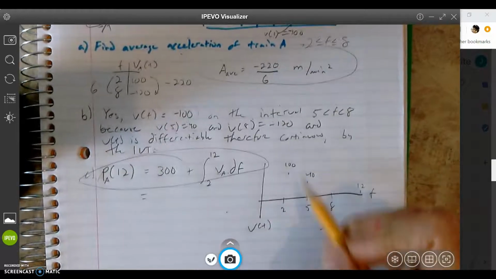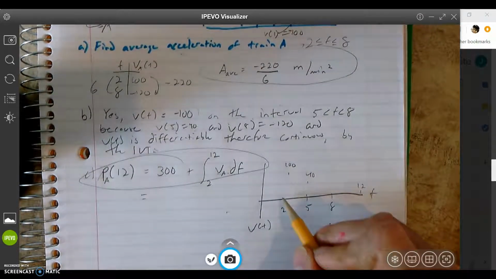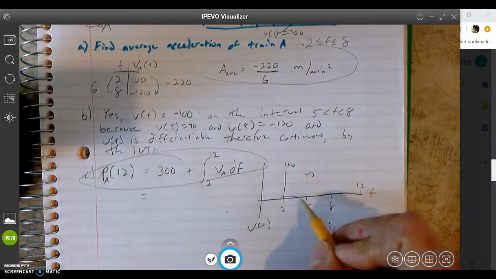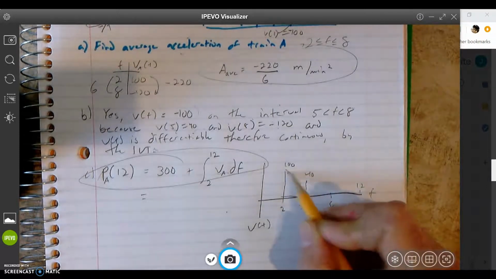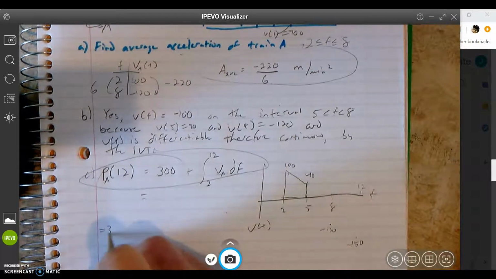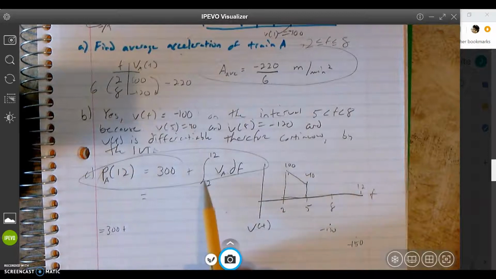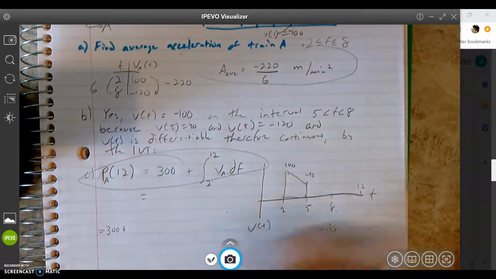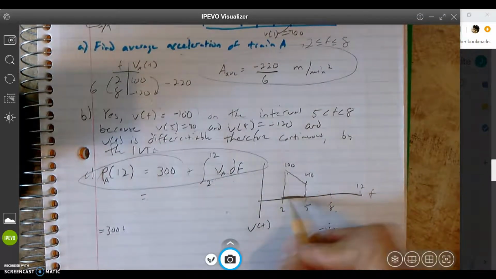Okay, so trapezoidal sum, so I need 3 trapezoids. There's the first one, like that. So my answer is going to be 300 plus. Now I'm going to do all of the area under the curve here. So I'm going to do these 3 subintervals using my velocity. This is going to be the base.